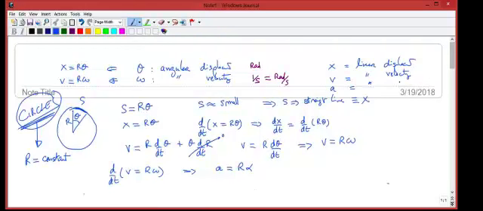Linear acceleration was a. We've just introduced its cousin, alpha, angular acceleration, by using the exact same relationship. And sure enough, its units will be 1/second squared for the units to hold true.